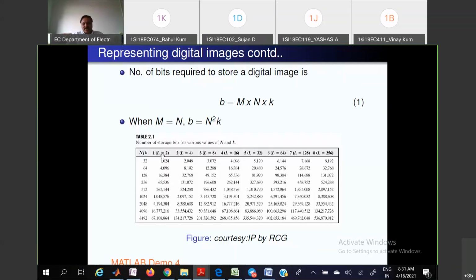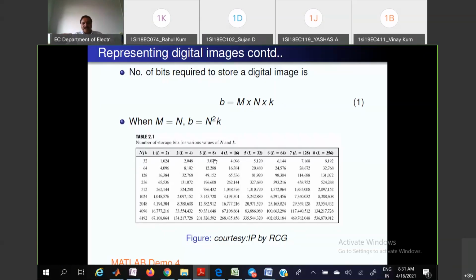K is equal to 1 means 2 to the power of 1, so 2 gray levels are used. So 32 into 32 into 1 is 1024. 32 into 32 into 2 is 2048.